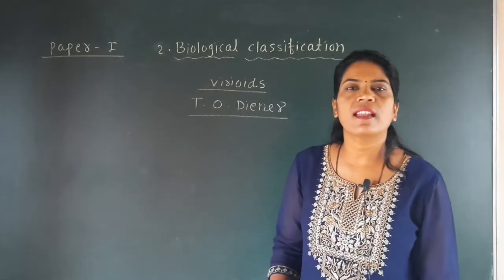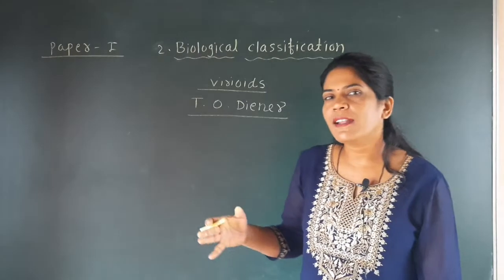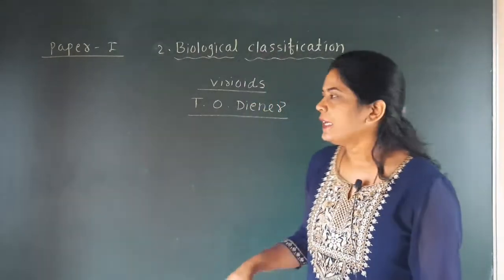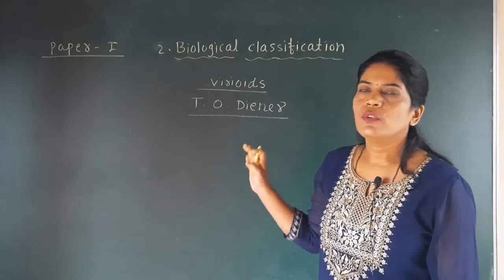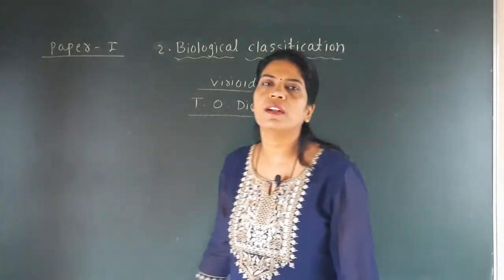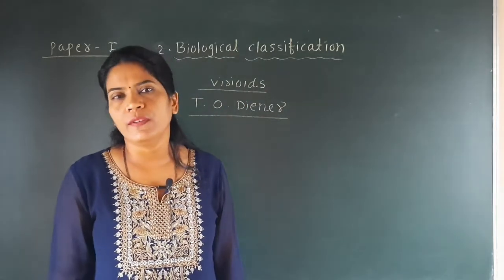If the question is asked who discovered the viroids, the answer is Diener. Or in the NEET exam, one column is for the scientist and another column is for the discovery. So you should know that Diener discovered these viroids. Okay. So what is it about these viroids?